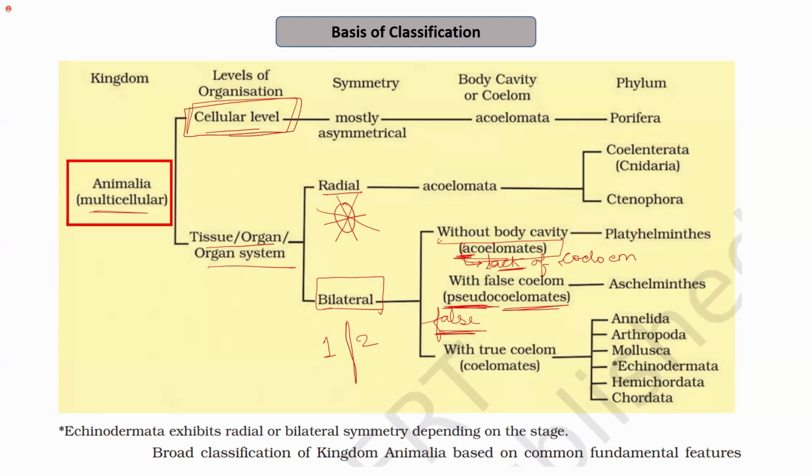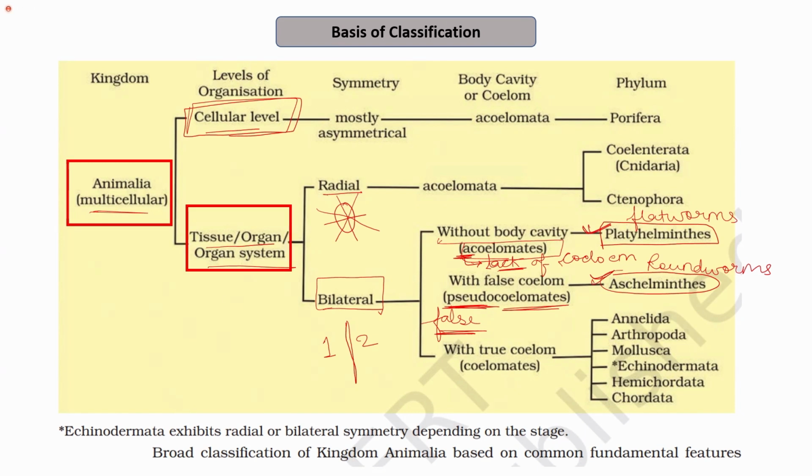Basically, in today's lecture we will learn about the group Platyhelminthes, which are also known as flatworms, and the Aschelminthes, which are also known as roundworms. So today we will learn about two different phyla, Platyhelminthes and Aschelminthes. Both of them belong to kingdom Animalia.